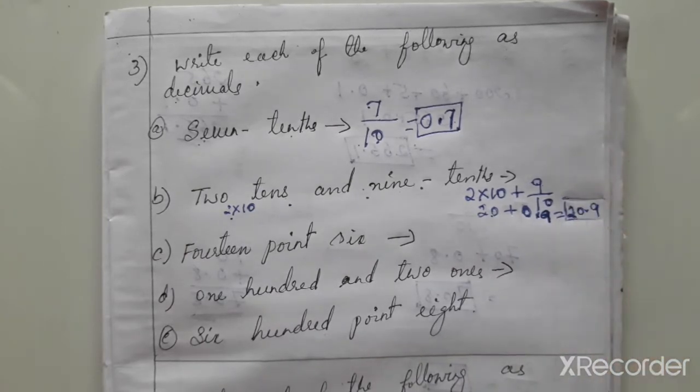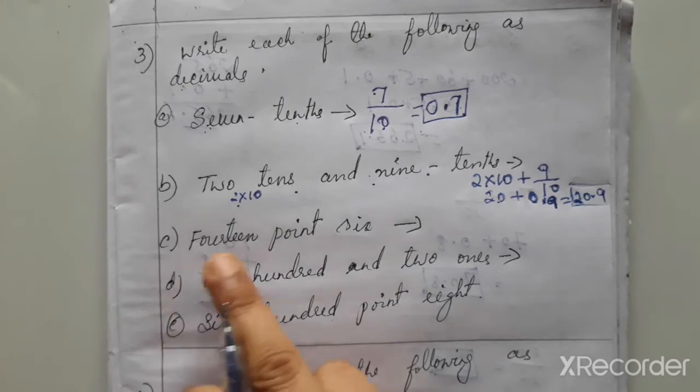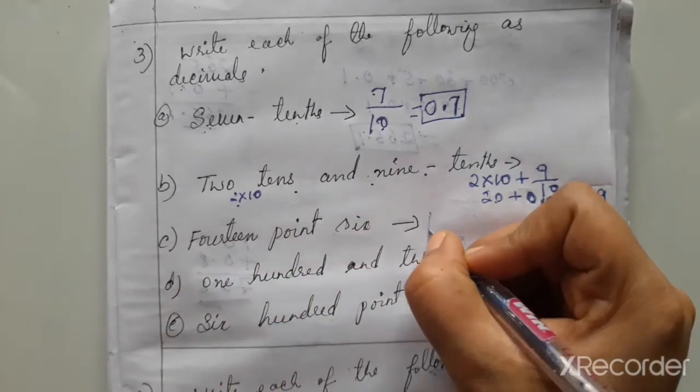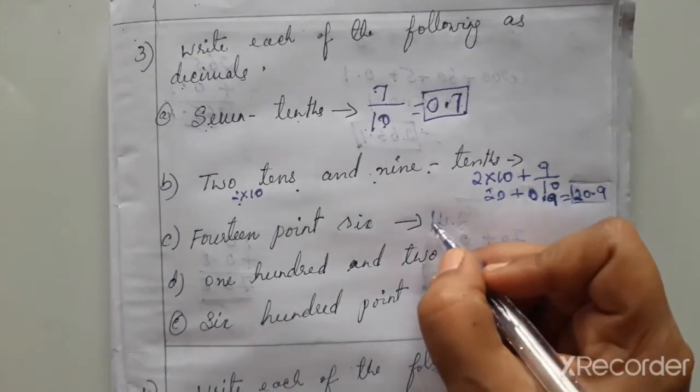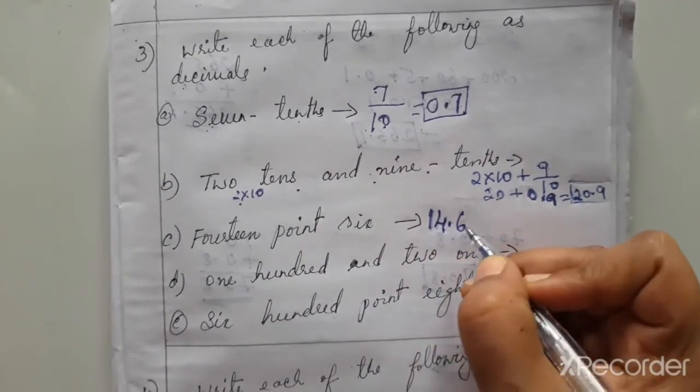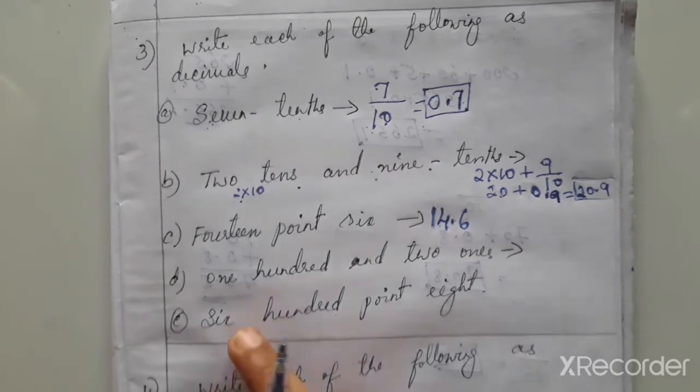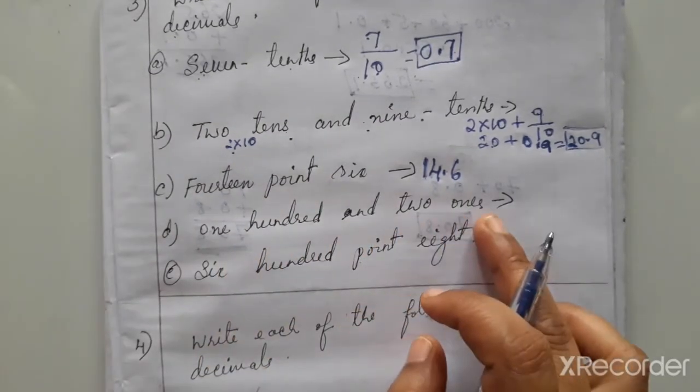20.9. Next, 14.6. So we can directly write 14.6. Next is 102 ones.